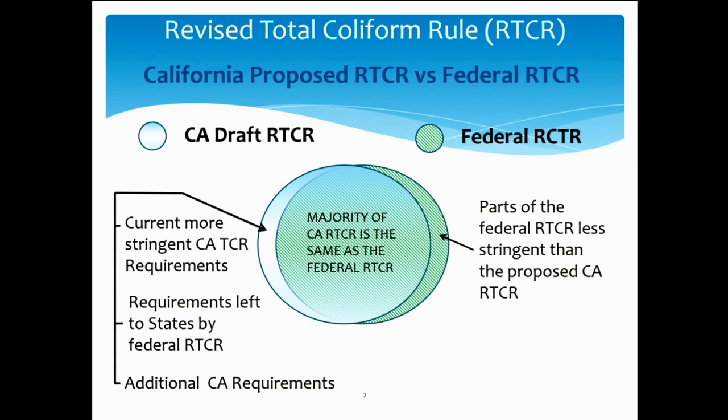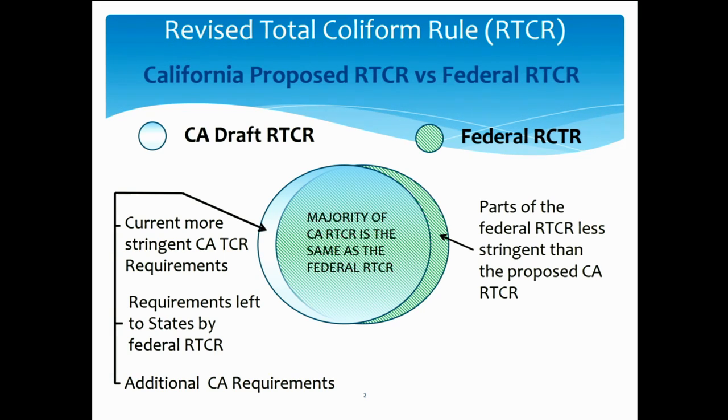There's some things in the federal RTCR that just say, you water system have to do what the state tells you. And so we need to actually put those things in the regulation because unlike the federal government that can adopt its rules and implement them using guidance, in California, because we have this prohibition against underground regulations, which guidance is often viewed as, we need to be as specific as we can in the regulation.